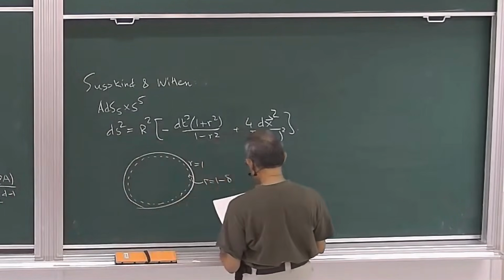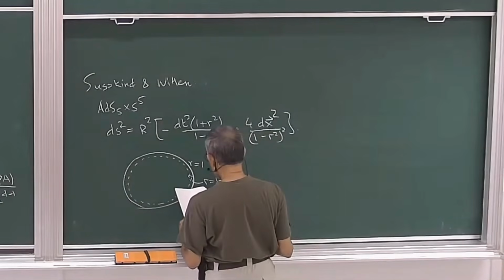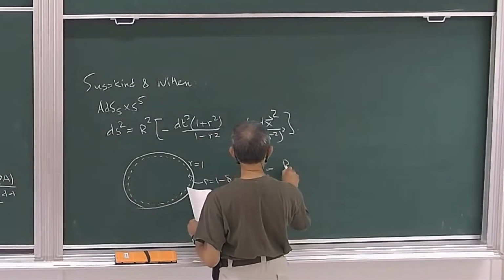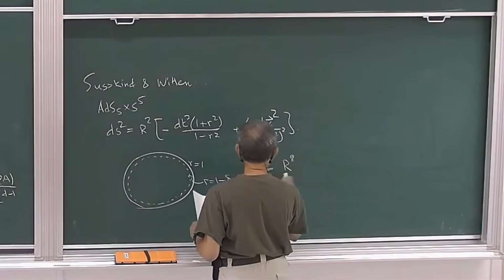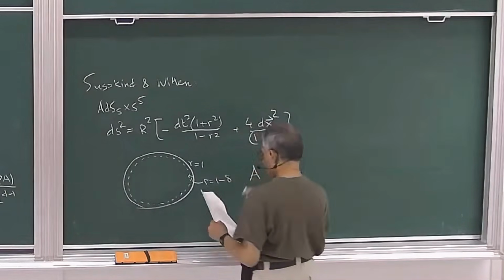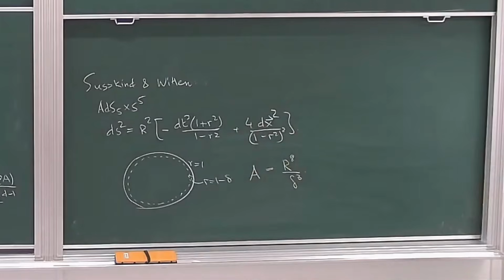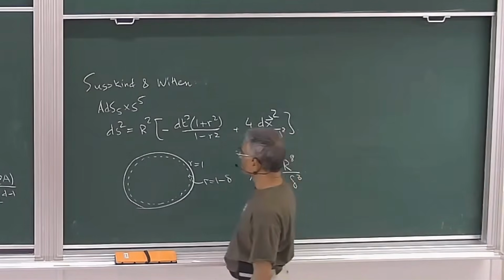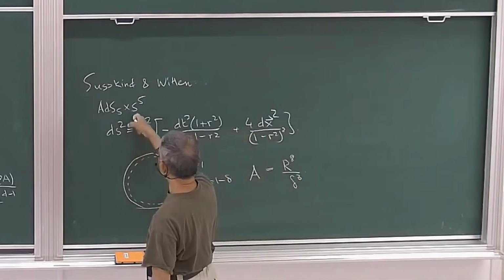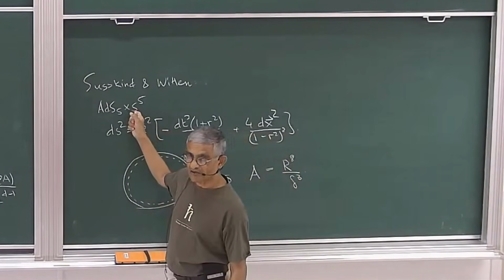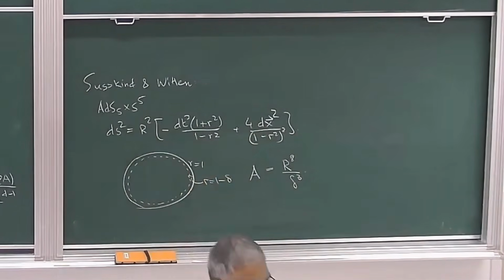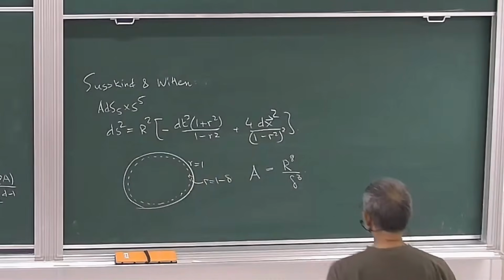If you do this calculation, what you find is that the area in AdS5 x S5 is given by this formula. There are 8 powers of R, which comes from the fact that there is an S5, which gives you 5 powers of R, and this S3, which has 3 powers of R. That's where it comes from.